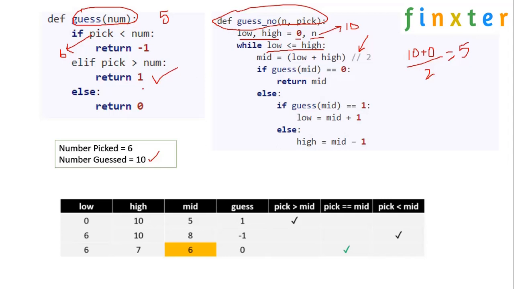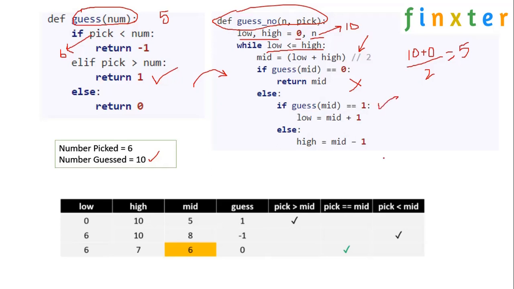So when guess returns 1 to this function, a certain if-else block gets executed. Here we are checking: is the value returned by the guess method 0? In this case, no, it isn't. So we move inside the else block, and within this else block we once again have nested if-else statements, wherein we check: is the value returned by the guess method equal to 1?